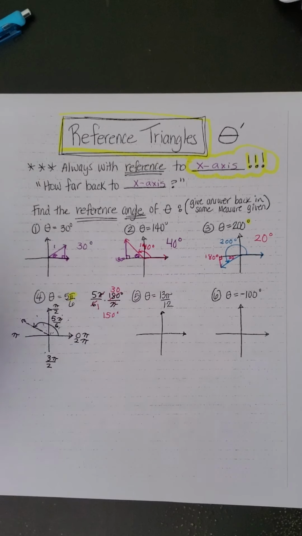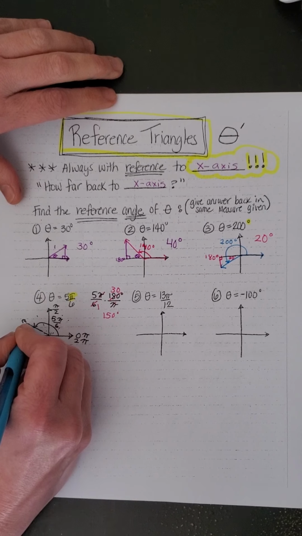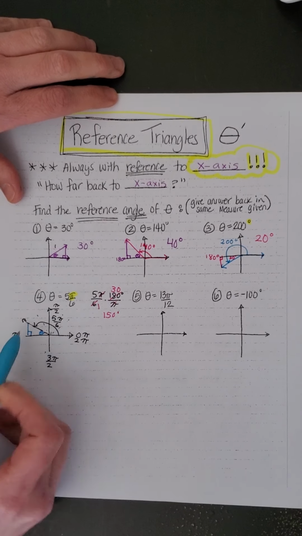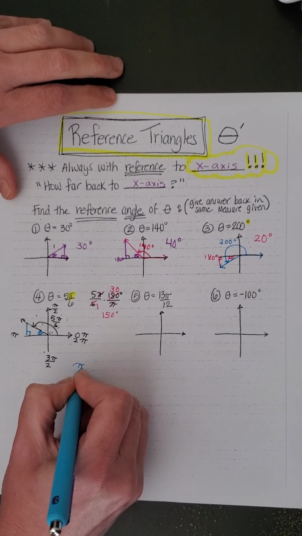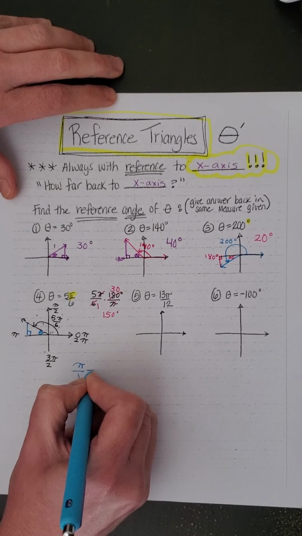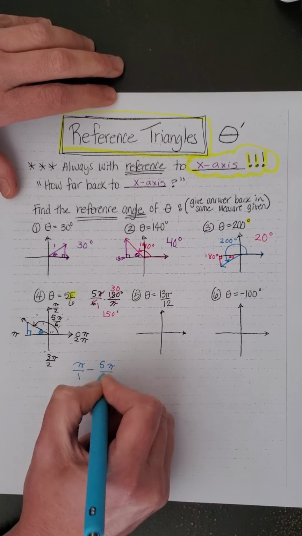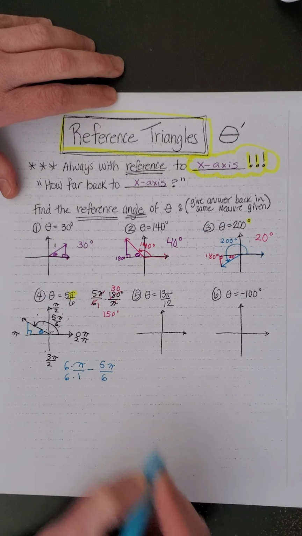Now, when I draw my reference triangle, again, I'm going to refer back to the x-axis, and I would be at pi. And so if I take pi over 1 and I subtract 5 pi over 6 and get a common denominator, I would have 6 pi over 6.